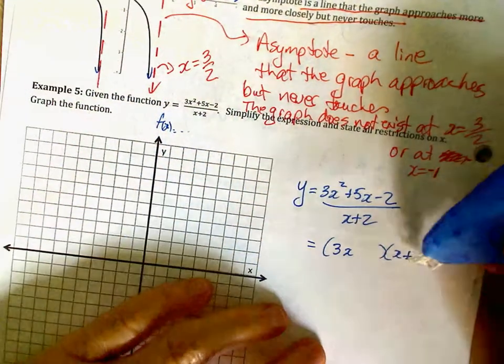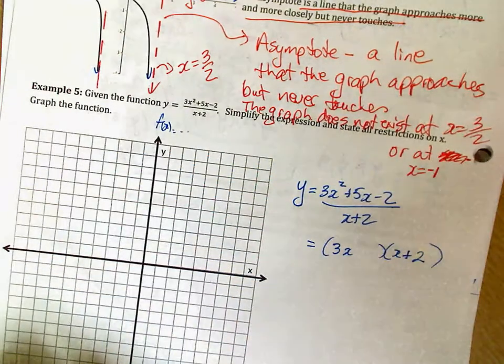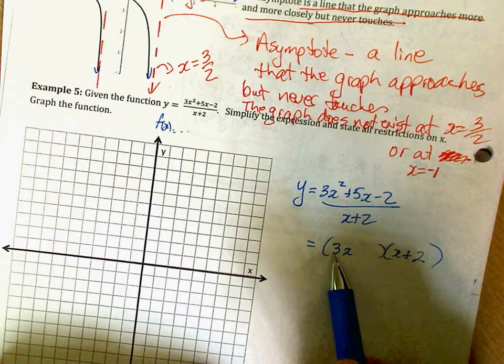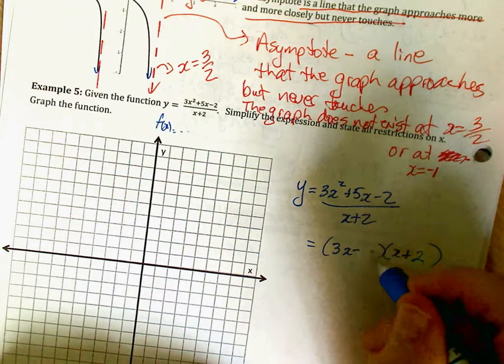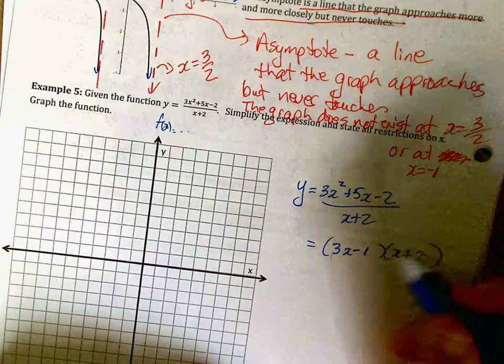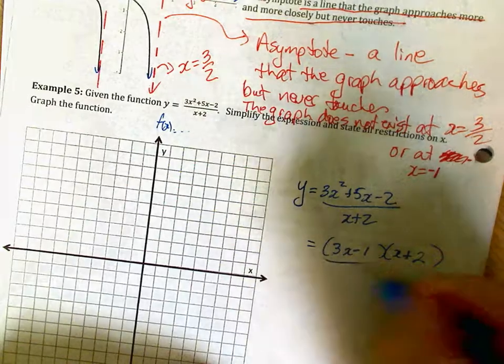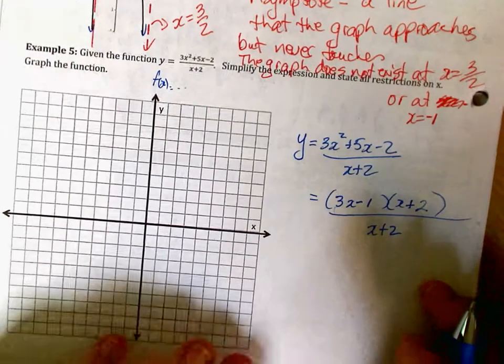So 3x times x is 3x squared, plus 5x, so we subtract 1x, plus 6x minus 1x equals 5x minus 2, all over x plus 2. So the x plus 2 divides out.